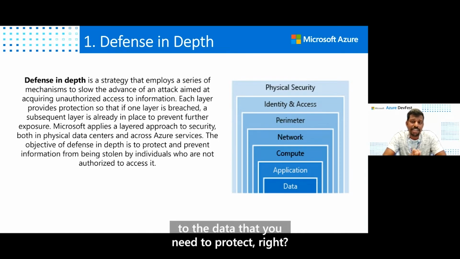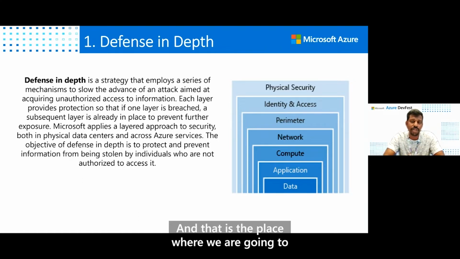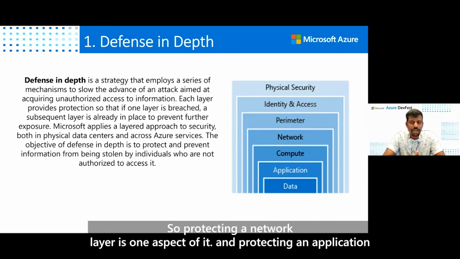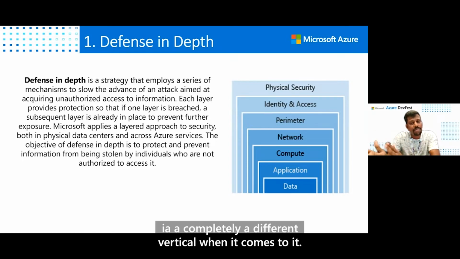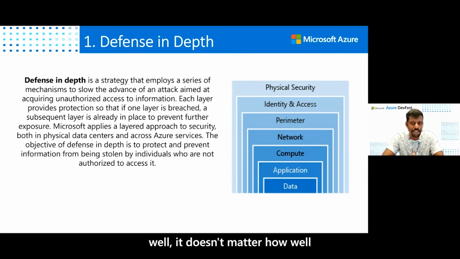The very next layer is the application. We all know the application is the front end for our data services, and that is the place where we provide data to our consumers or customers, and at the same time, consumers share data with us. Protecting the network layer is one aspect, and protecting an application is a completely different vertical, because if your application is not protected well, it doesn't matter how well you protect your infrastructure.